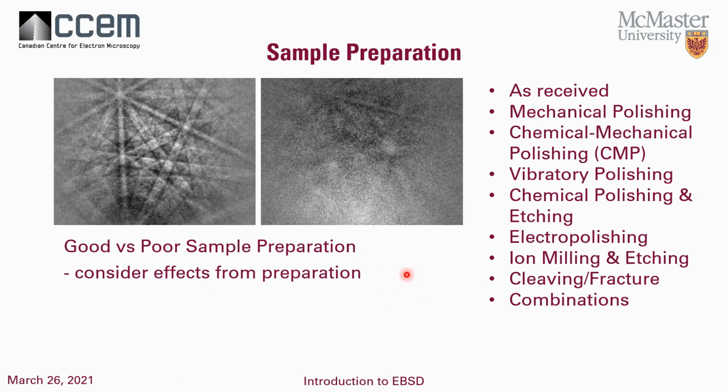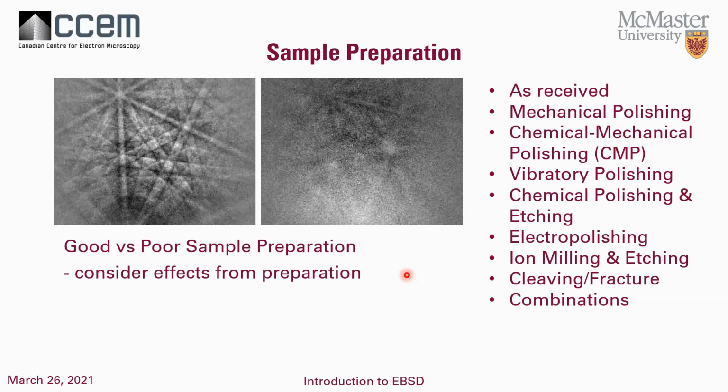Another thing that's important when you're doing preparation is how the sample is going to be going into the microscope. So you may be able to clamp it. It may be in a plastic puck. And the position of the sample in the plastic puck will affect the resolution that you're going to be getting.